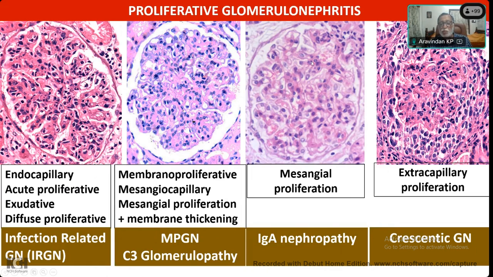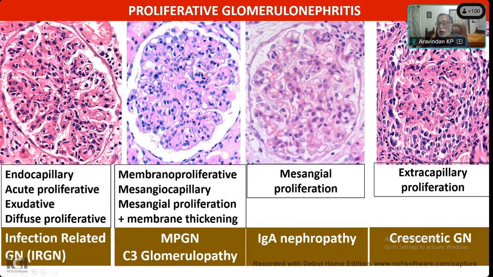Then you have mesangial areas only proliferating, and IgA nephropathy is the classic example of mesangial proliferative. MPGN and C3 glomerulopathy are the typical examples of membranoproliferative. Infection-related is the classic example of this one.